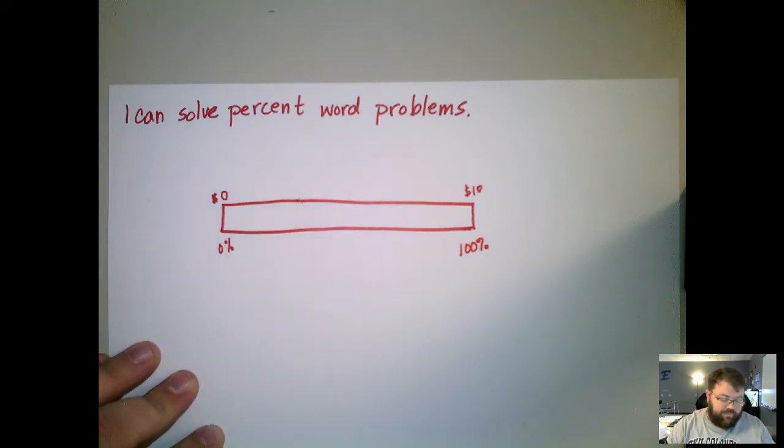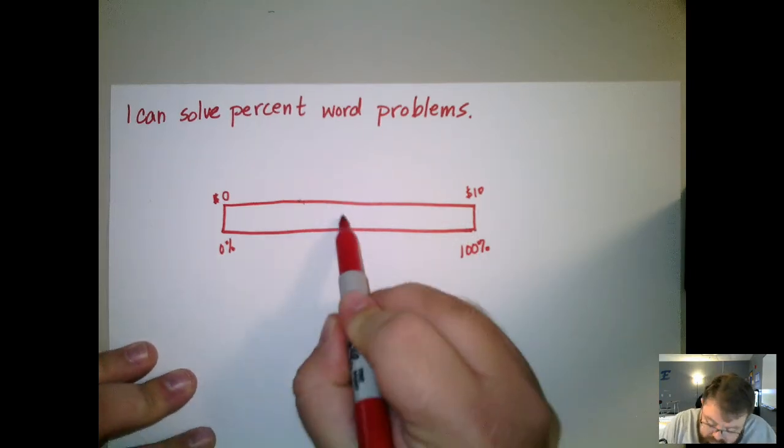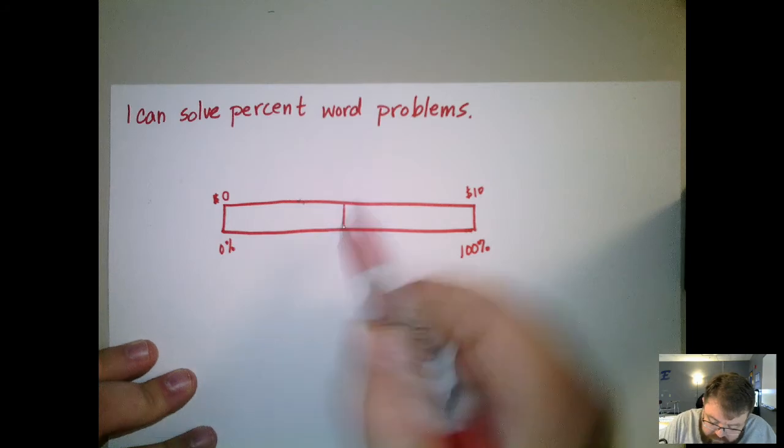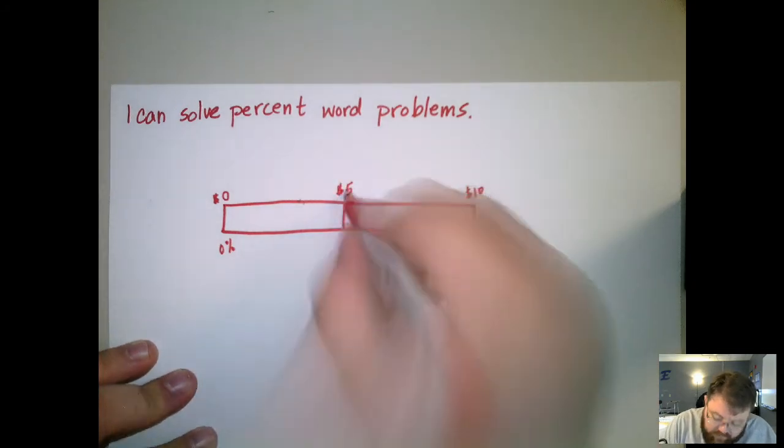Next, I think I'm going to do half of 10. Half is something we can do mental math with. This looks like half. May not be perfect, but it looks like half. Half of $10 is $5.